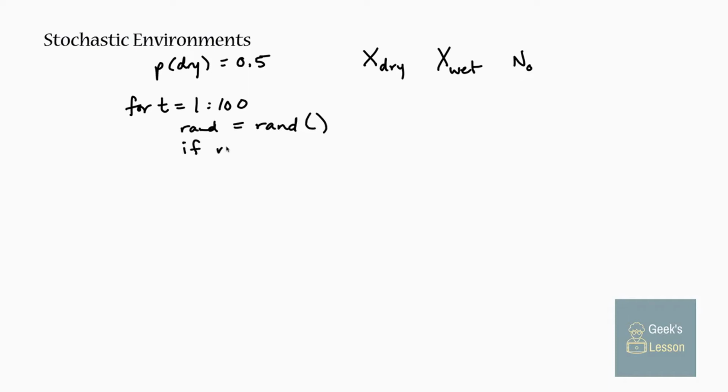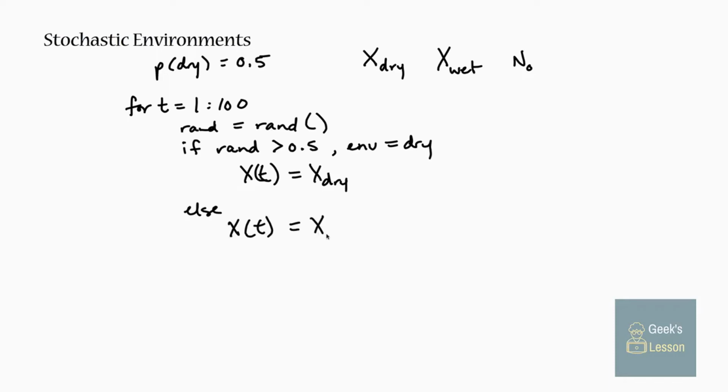And then if the random number is greater than 1/2, the environment is dry, in which case x at time t is going to be x dry. Otherwise, x at t is going to be x wet.